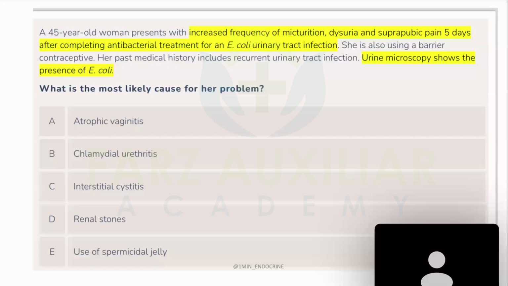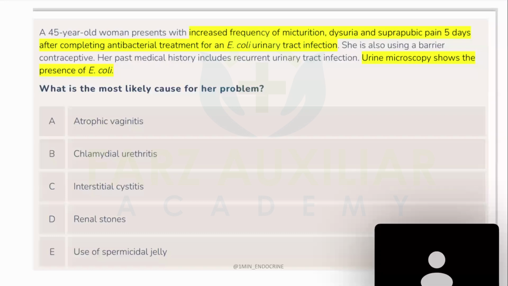So why not renal stones? Is there anything here which rules out renal stones? There is not, right? So don't think about chlamydial urethritis and spermicidal jelly. Think why it is not renal stones. Renal stones is the more common answer here. Here the patient is having recurrent UTI, so you have to find out what the cause must be.